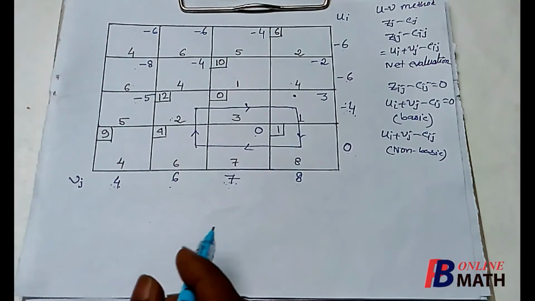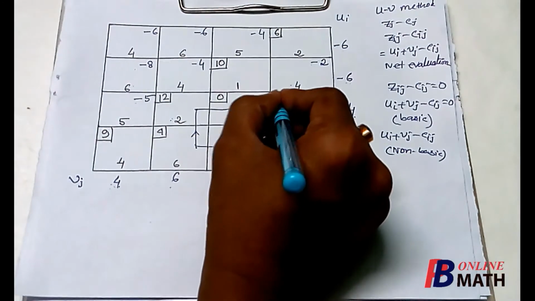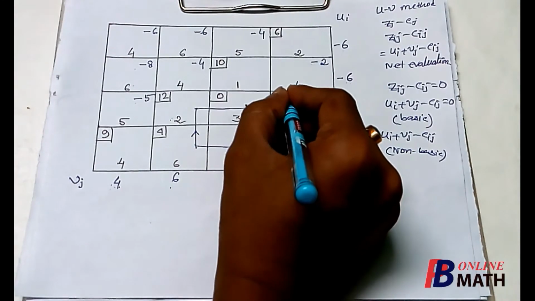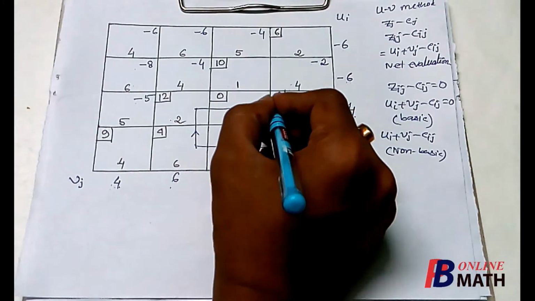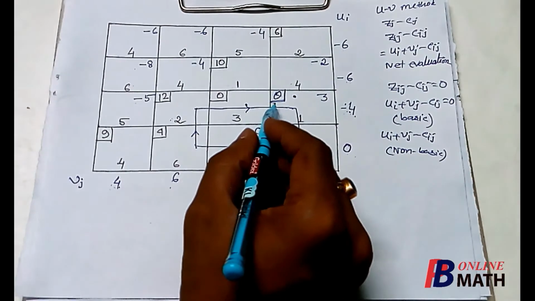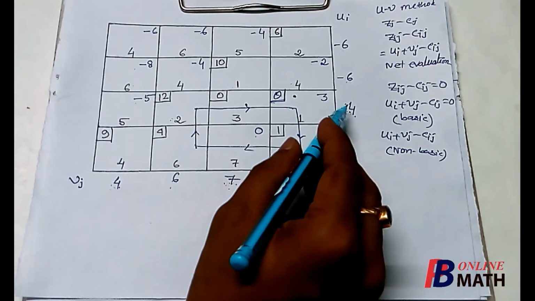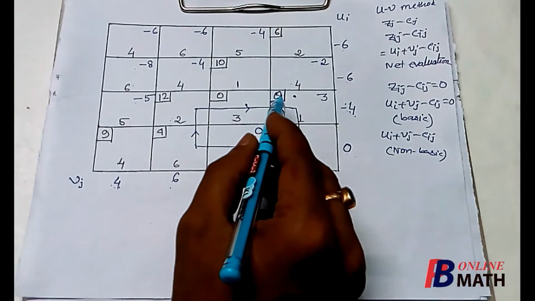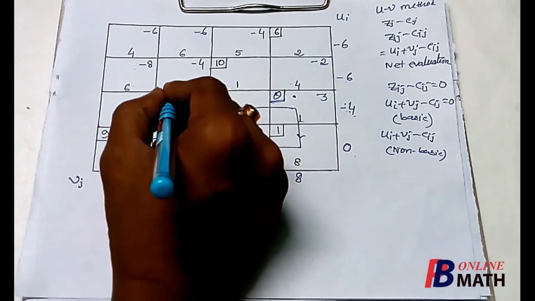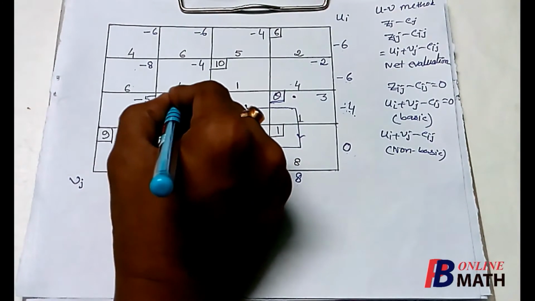We do not know the value right now. Suppose the value is theta. If we assume the value of this basic variable as theta, then the capacity of this row is increased by theta. So to maintain the balance, we have to subtract theta here.